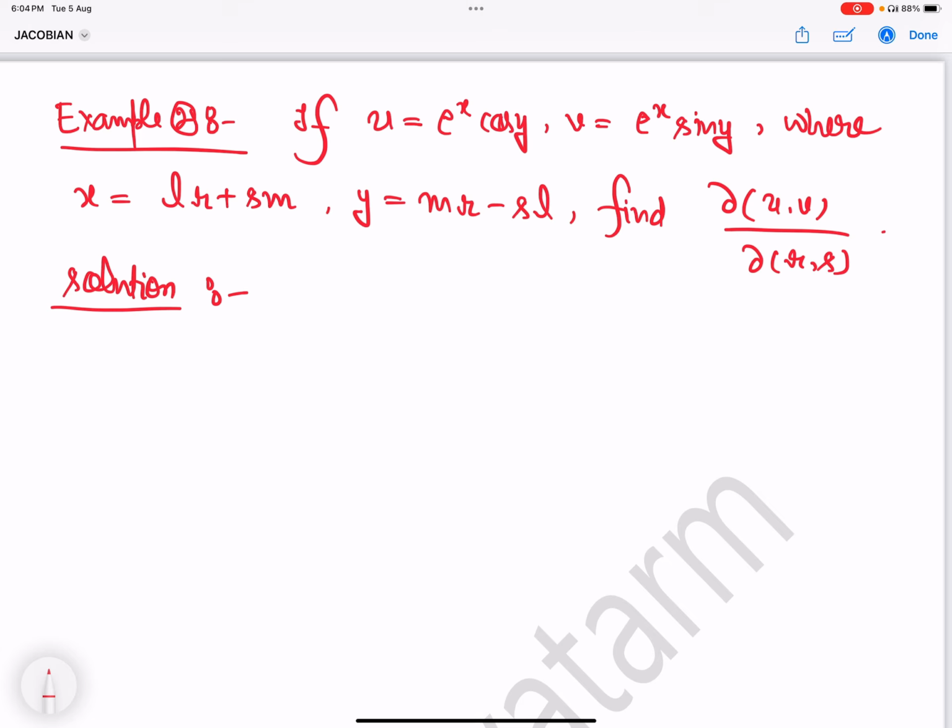Okay. So now we have to calculate. First we have to calculate the Jacobian of u, v with respect to x and y.